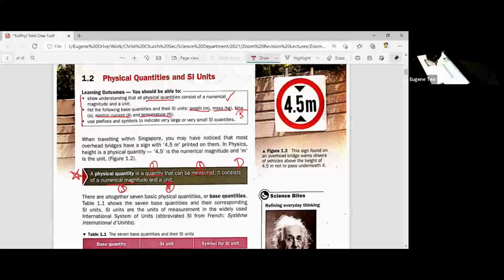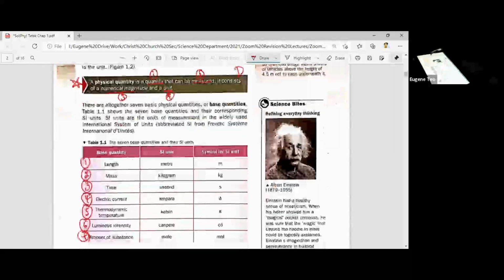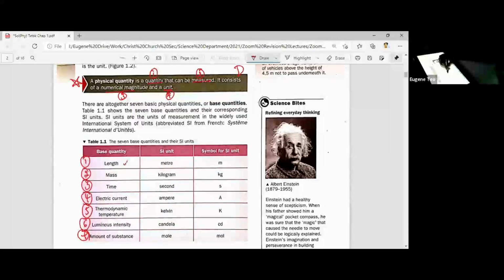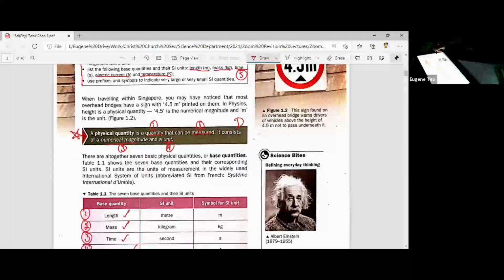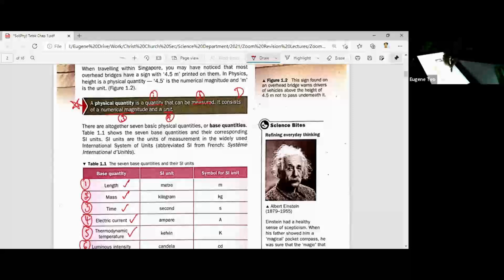So there are only 5 key ones that you need to know: length, mass, time, electric current, thermodynamic temperature. These are the 5 that you need to know. The last 2 are just for your information that they are base quantities. But the ones that you'll actually be using most often are these 5 indicated here.